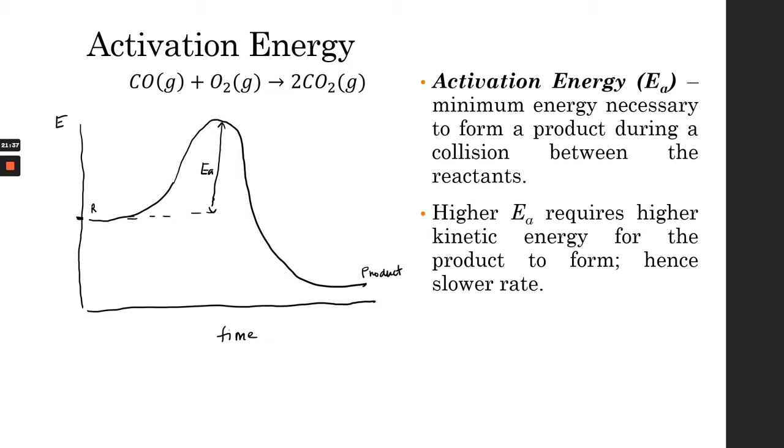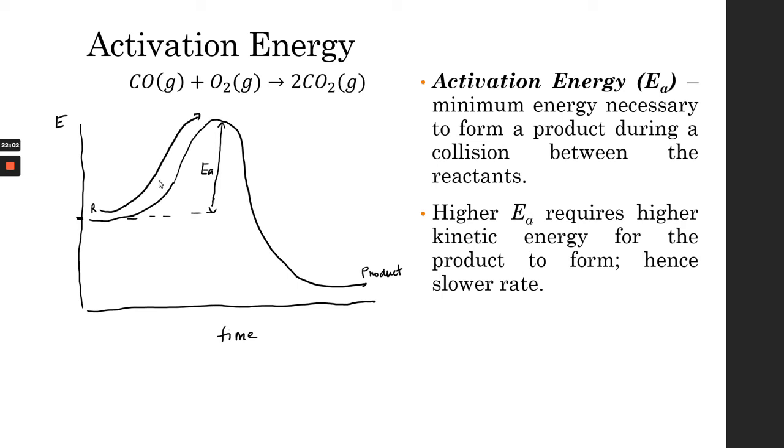What that means is the reactants need to be able to reach that state of energy before they can form the product. This is where the kinetic energy comes in, right? So the higher the kinetic energy, the more energy they make as they collide, pushing them further and further up.